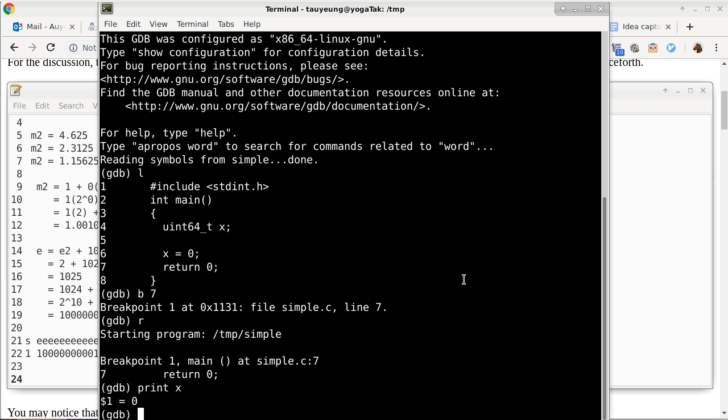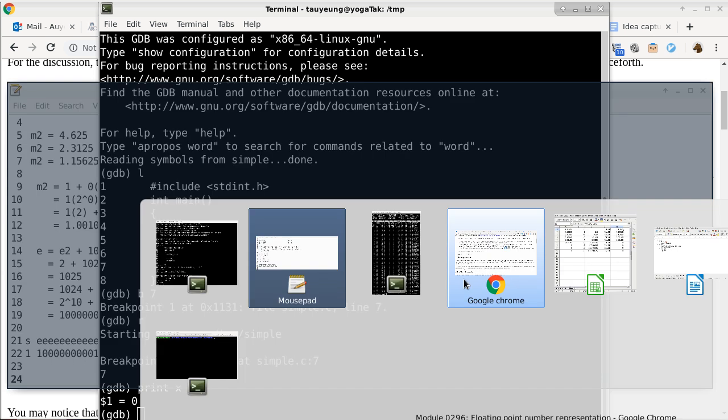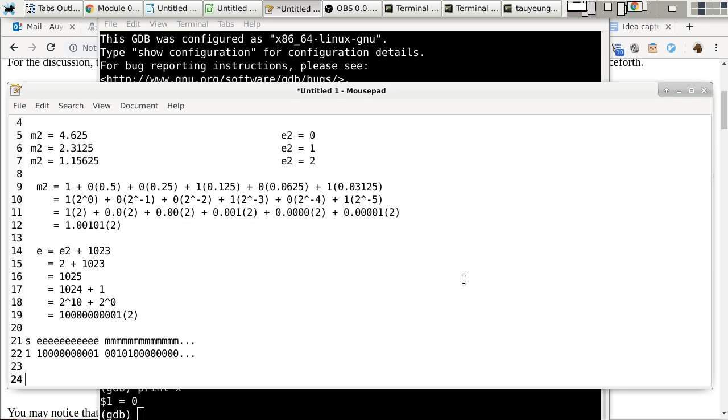So here's the part that is going to make it fun. What I want to do now is turn this entire bit pattern into a 64-bit integer. Kind of imagine that I filled in all of these extra zeros so that we actually have 64 bits, and I want to take that binary number and put it into x, the variable x in main.